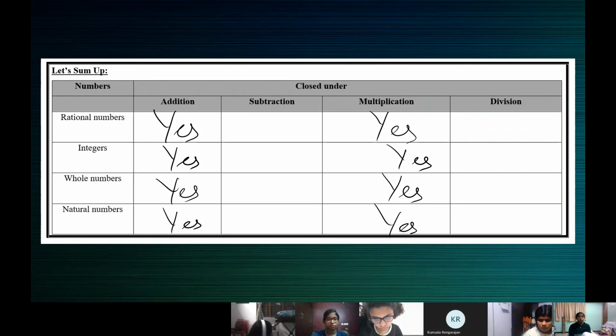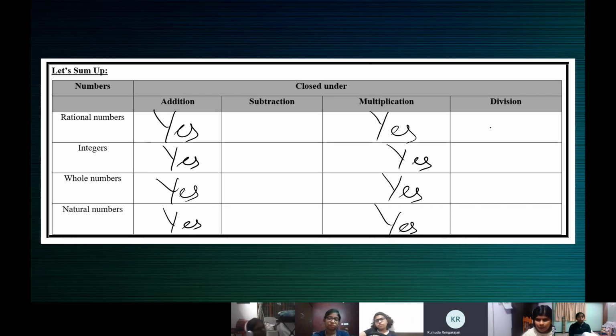Closure, associativity, commutativity, in all the 3 final tables, what we see is addition, multiplication, always yes. Subtraction and division always no, but only in closure.